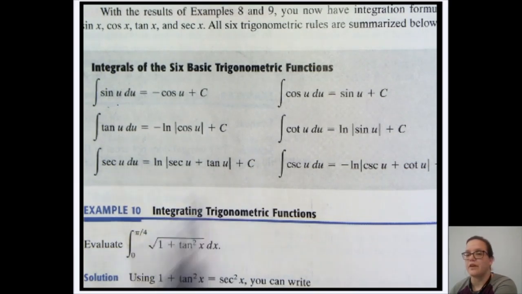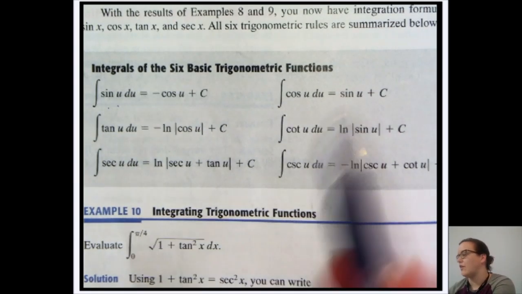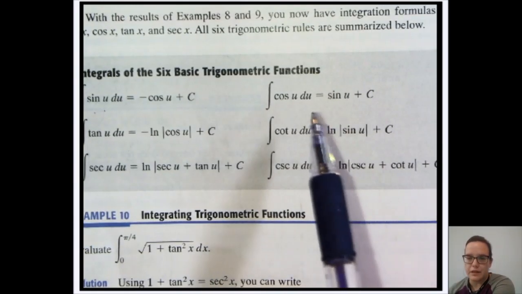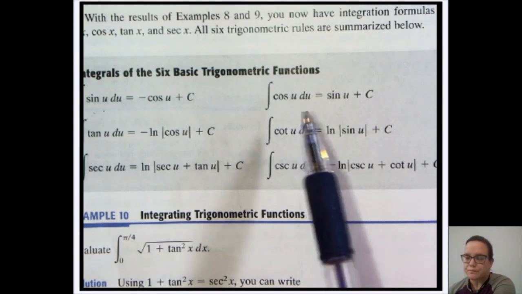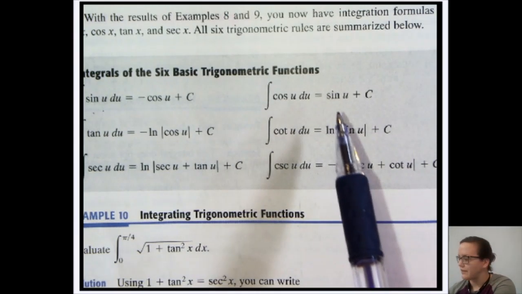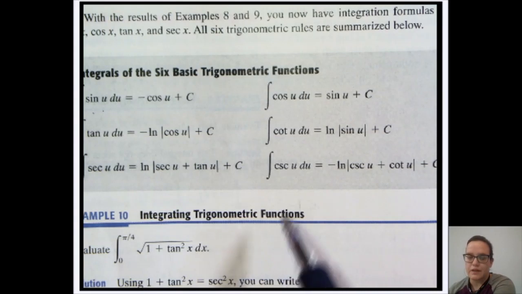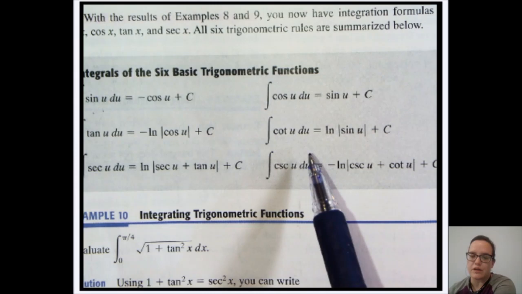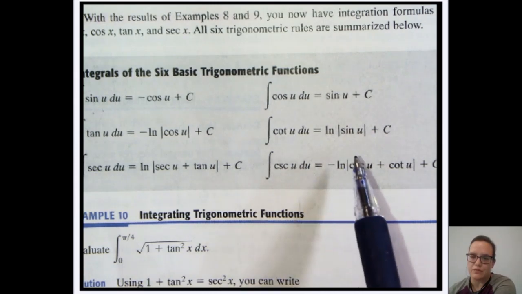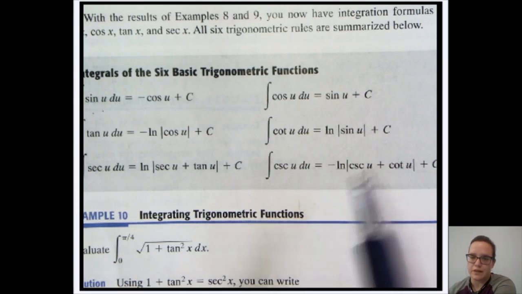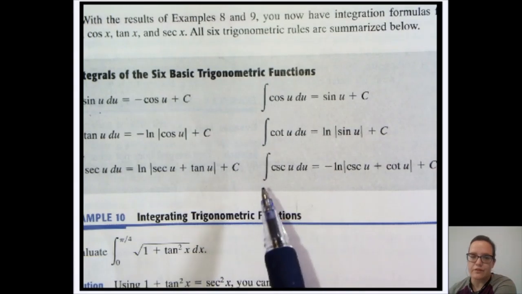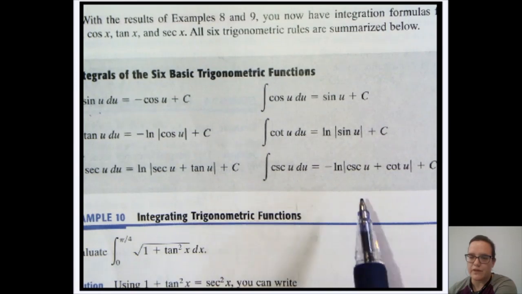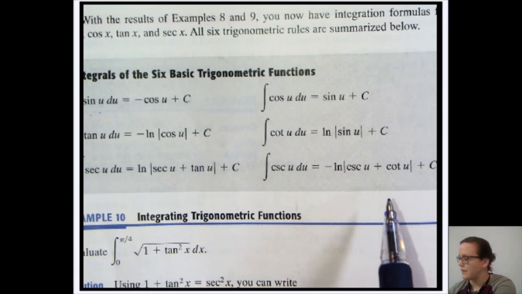And remember, the absolute value is so that you ensure you're taking a log of a positive number. The integral of cosine u du is equal to sine u plus c. The integral of cotangent u du is equal to the natural log of the absolute value of sine u plus c. And then the integral of cosecant u du is equal to the natural log of the absolute value of cosecant u plus cotangent u plus c.